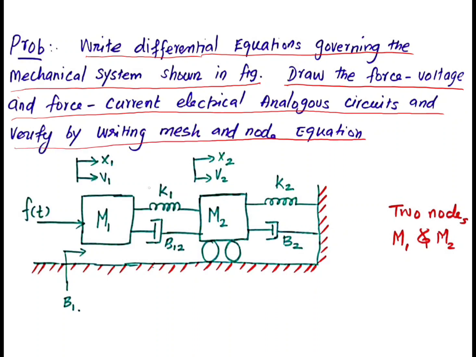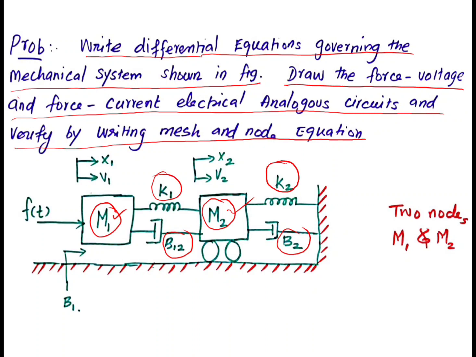Here you are seeing two mass elements, mass element 1 and mass element 2. Mass element 2 is connected with the reference. In between we have a spring and a dashpot, and in between mass element 1 and 2 again we have a spring and a dashpot, and force is applied on mass element 1, M1.